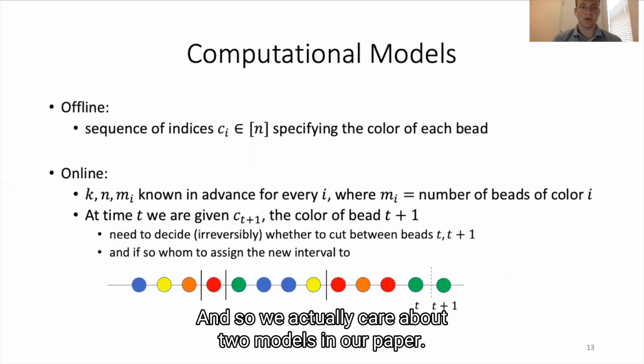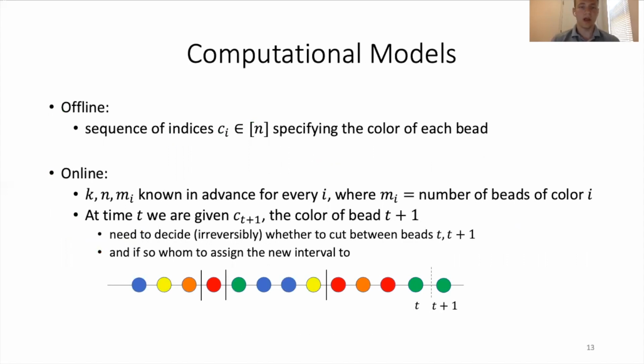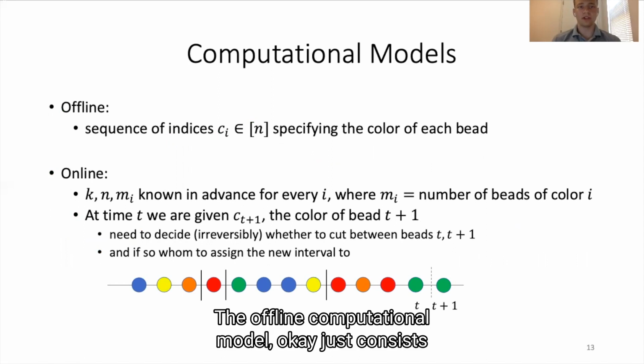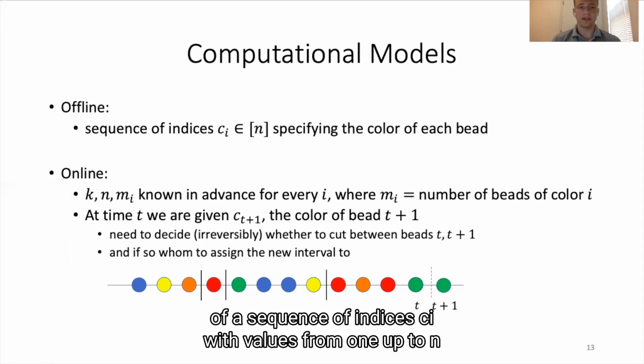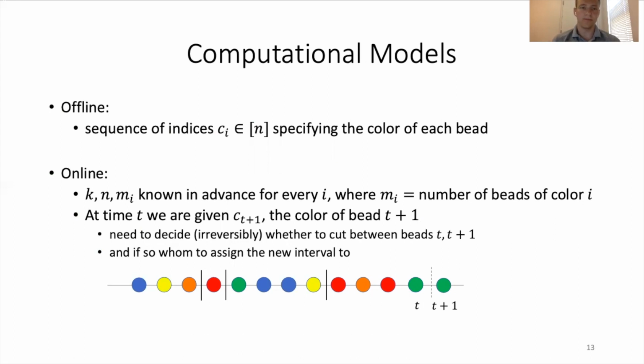And so we actually care about two models in our paper. We're going to be discussing the offline and online model. The offline computational model just consists of a sequence of indices, c_i, with values from 1 up to n, specifying the color of each bit. So it's a simple model.